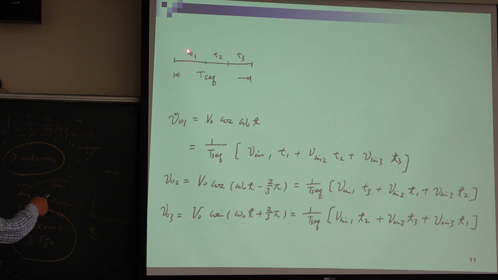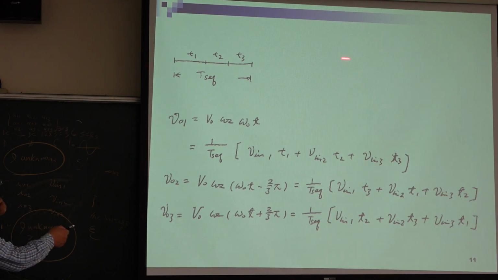The first switch turns on for T1, the second for T2, the third for T3. Then T1, T2, T3 become one sequence. For the A line, B line, and C line, the T sequence is always 1 millisecond.